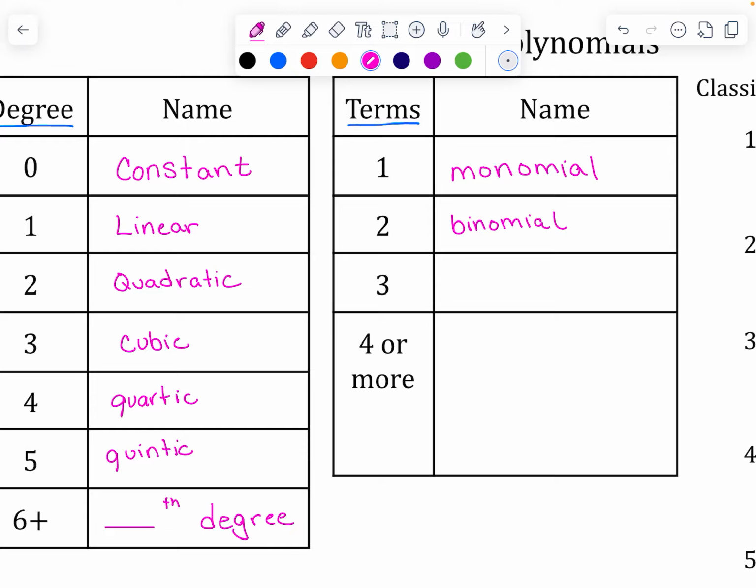If we have 3 terms, it's going to be a trinomial. Tri meaning 3, like tricycle. If it's 4 or more, that's all that we have names for. If it's more than 3, we're just going to call it a polynomial of blank terms. So polynomial of 4 terms, of 5 terms, of 6 terms, etc.